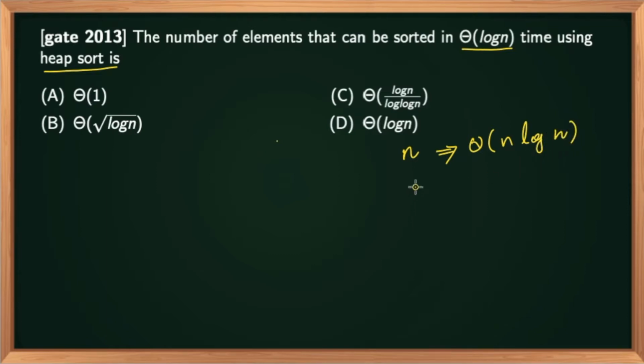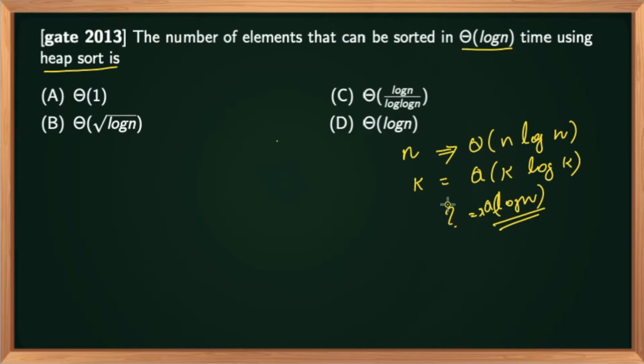So if you have k elements, it will take theta of k log k. It's given that heap sort is taking only log n time, so the question is how many elements you can sort in log n time.